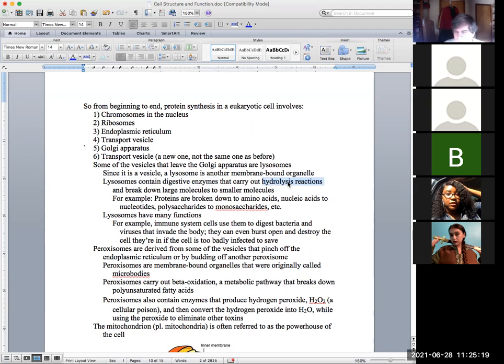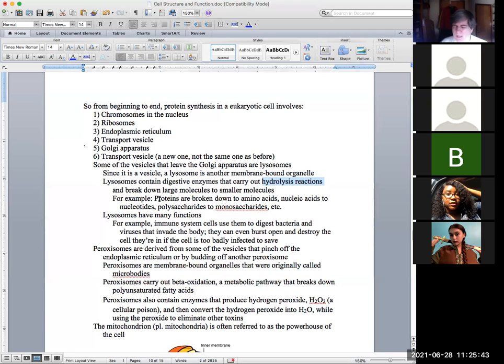So there's that LYS again. Now remember, hydrolysis reactions are what cells do when they take large molecules and break them down into smaller molecules. They add an OH to one part of the molecule, they add an H to the other part, and then they split it in half. So what happens here?